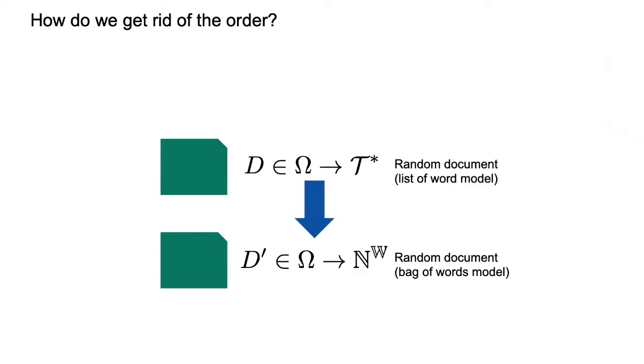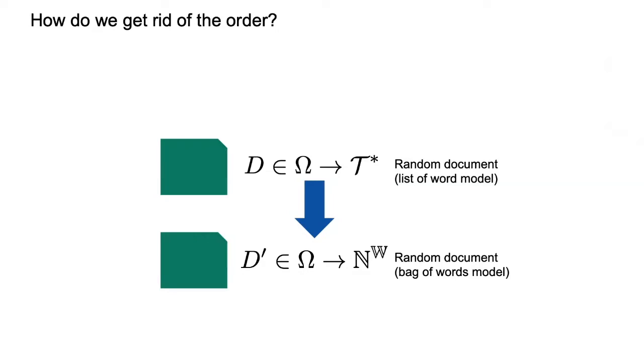What do I forget about when I go from the list of words to the bag of words model? Yes? The positions, yes, exactly. So you basically lose the order in which you find the words. You still know how many of each there are, but you don't know anymore the position they belong to.